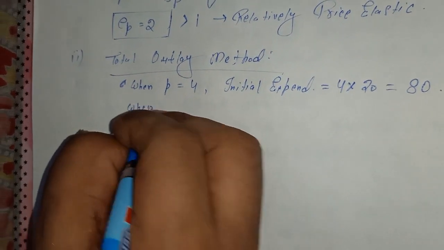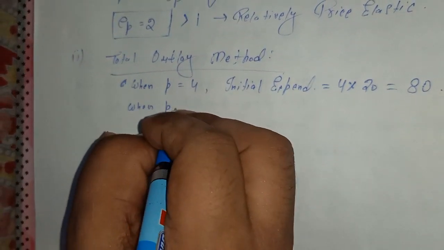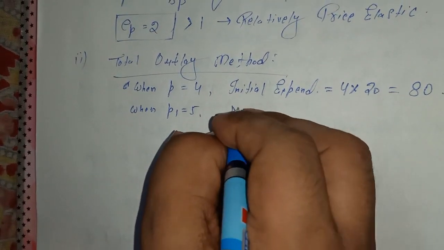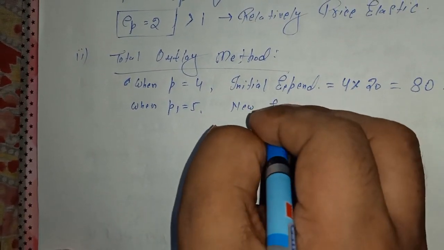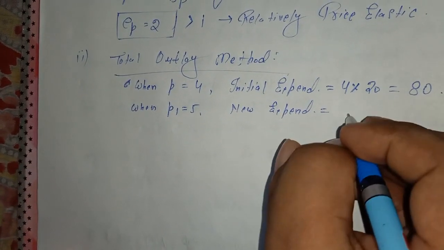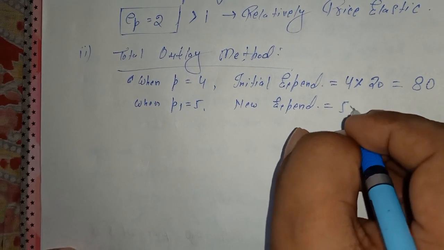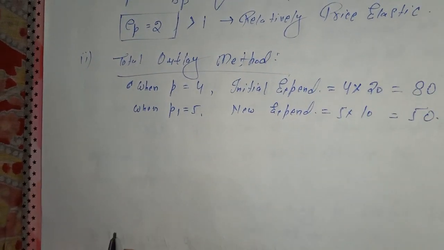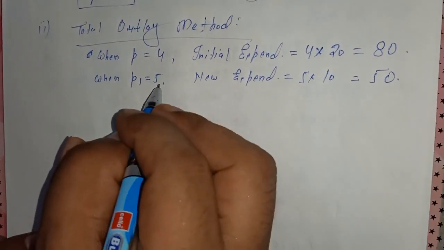When P1 is equal to 5, the new expenditure is equal to P1 into Q1. P1 is 5 and Q1 is 10. 5 into 10, 50.